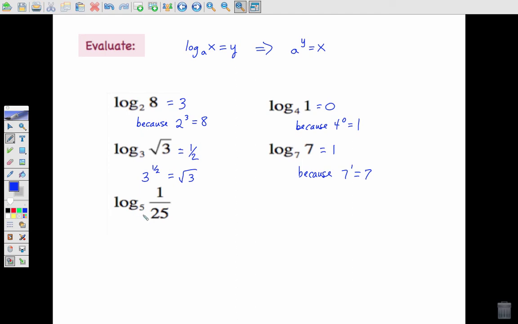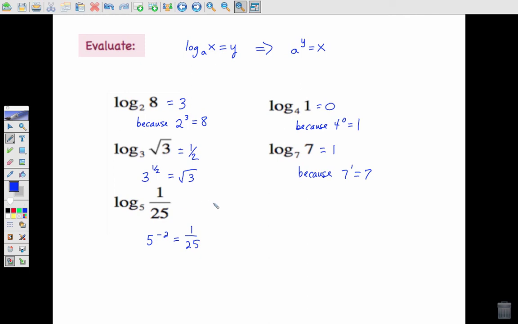Okay, and lastly, let's look at log base 5 of 1 over 25. So 5 to the what power is 1 over 25? Well, we know that it's a reciprocal of 25. Okay, and 25 is 5 squared. So 5 to the negative 2 power is 1 over 25.